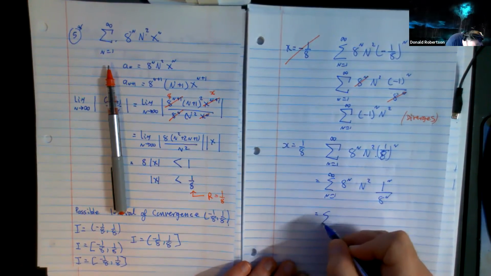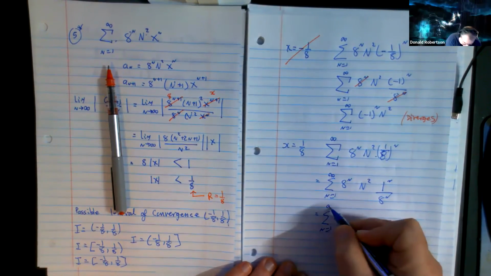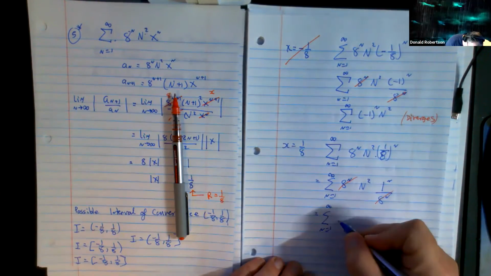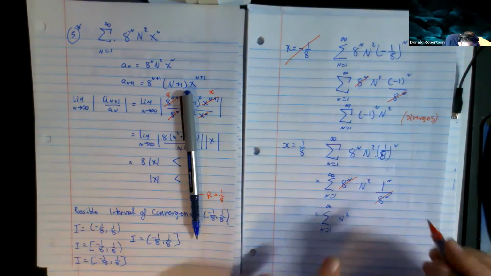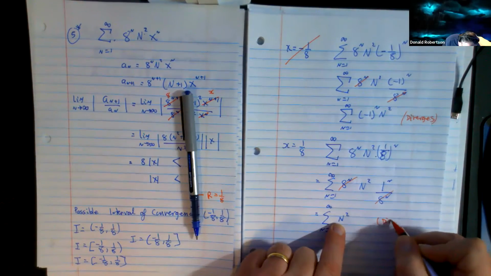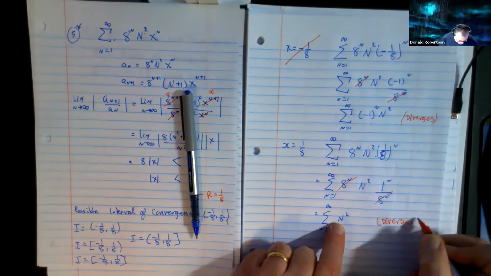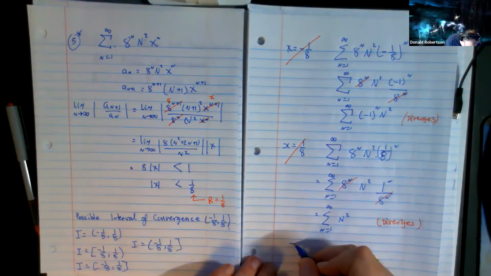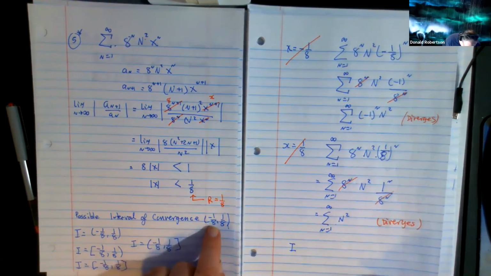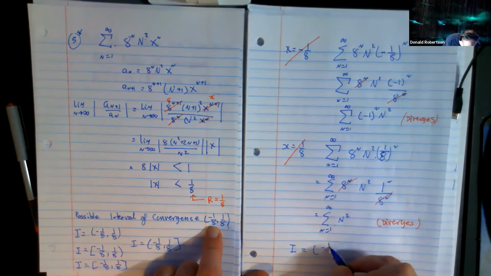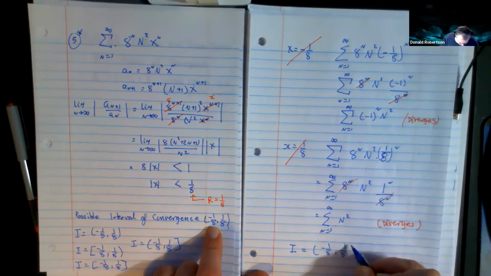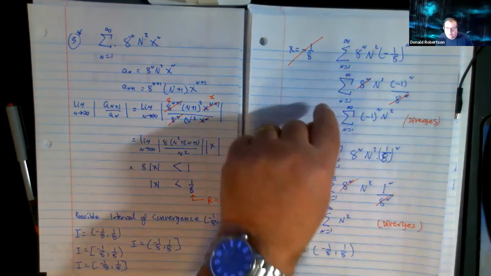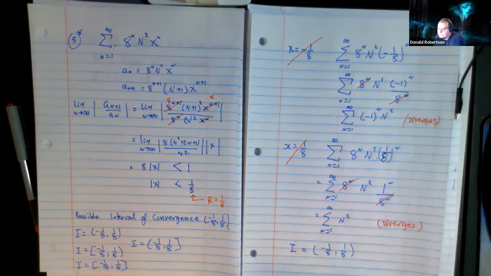So I get the sum from n equals 1 to infinity of n squared. Would you agree, again, that's a no-brainer? Doesn't that also diverge? So that's no use. So my interval of convergence is, in fact, you can only use numbers from -8 to 1/8, but not the endpoints, because both endpoints diverge.